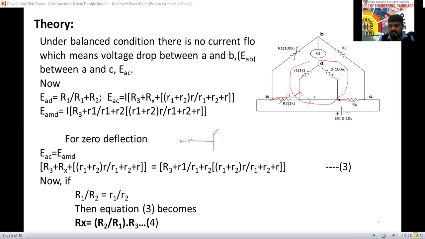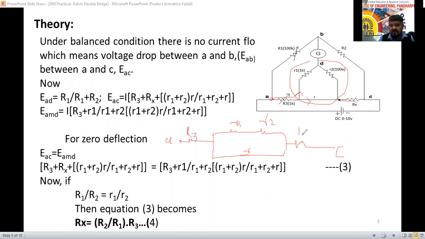On this side, I will make R1, small R1, next R2, and then join it. On the other path, some resistance is there, that is called R. This is R1, this is R2. And here Rx is there, that is called C. It is A. Now, can you tell me the resistance between A to C?